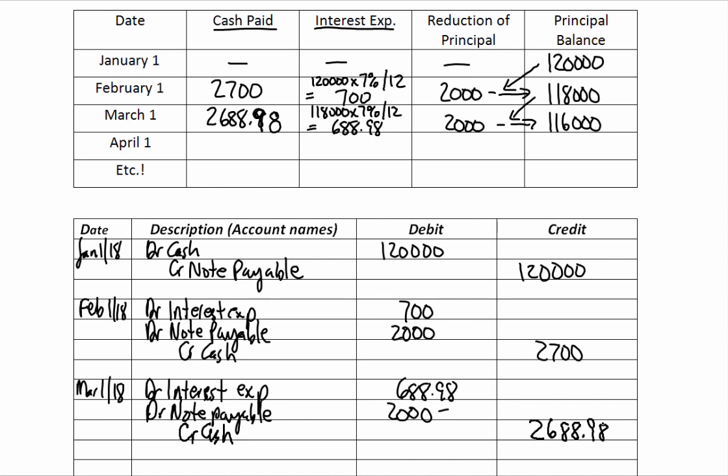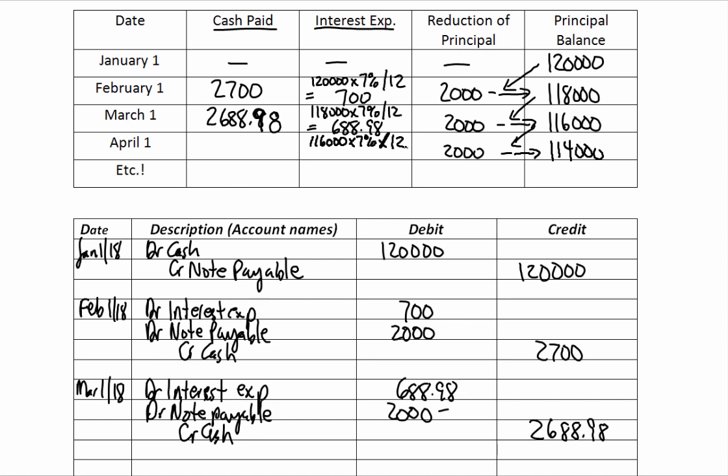So let's just do one more month. April 1st, I'm going to pay $2,000, which is going to reduce this down to $114,000. But from March 1st until the last day of March, I had a $116,000 outstanding loan multiplied times 7%, divided by 12 months because I only used it for 1 month.